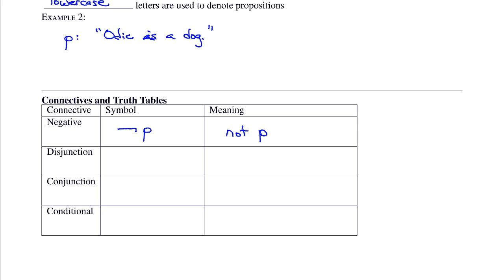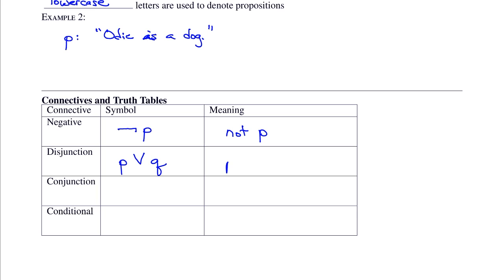But we're just going to make the whole table right now. Disjunction is between two different propositions. So we have P or Q. And the symbol for or is like a V, but it's not a V. It's more straight up and down like that.